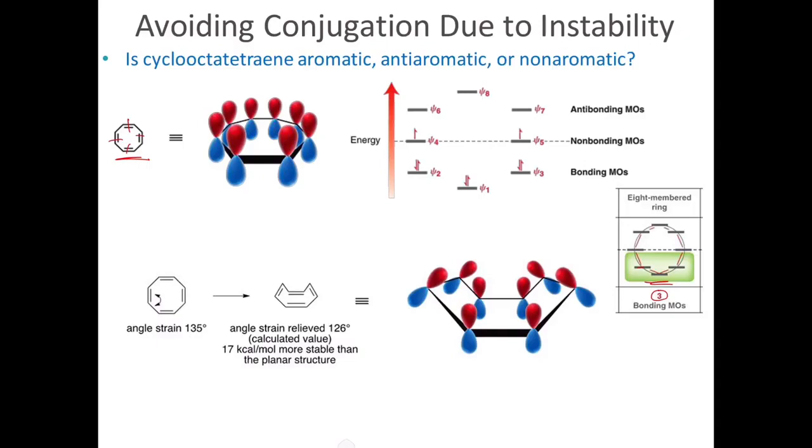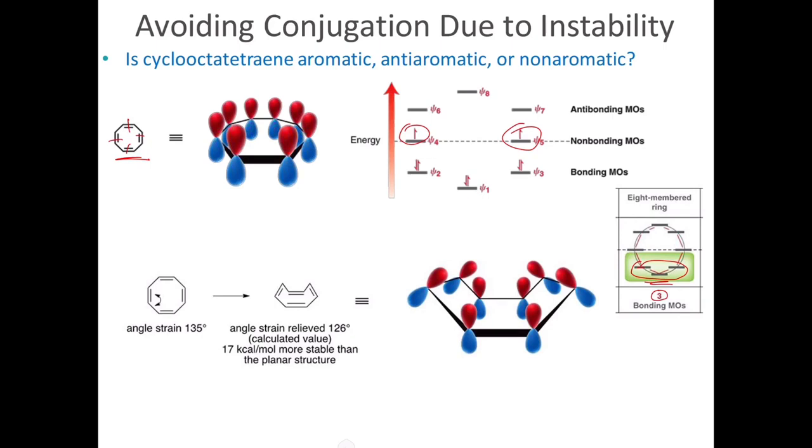So because it has a total of 8 electrons, we're going to have 6 going over here. So the molecular orbital is going to have 3 of them being full. And then the other ones go to the non-bonding molecular orbital. So this compound, according to this rule, is not aromatic. Okay?